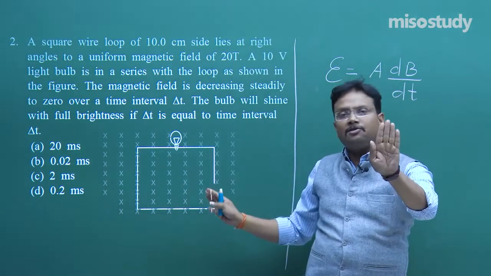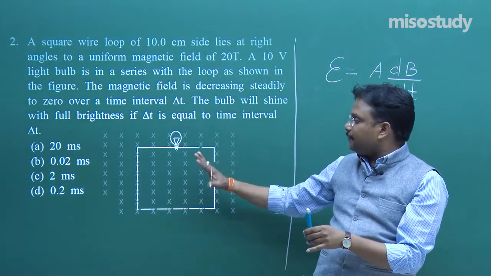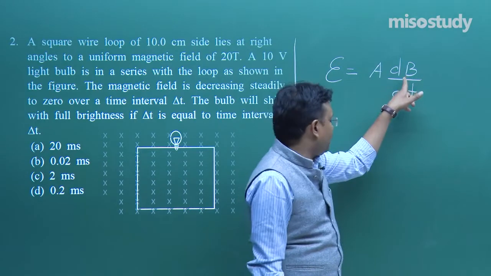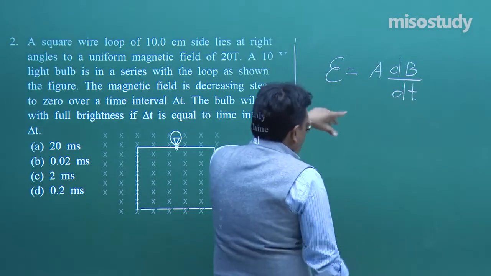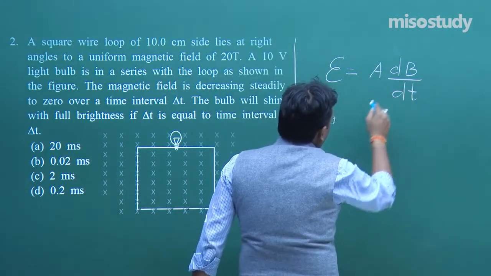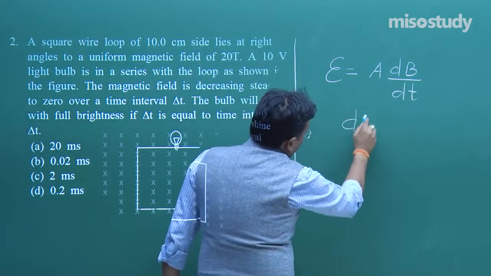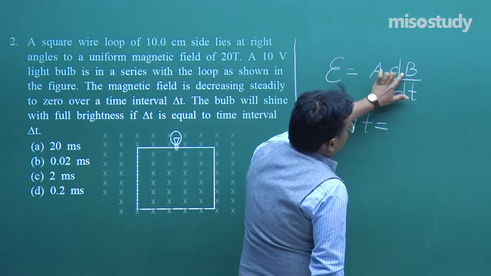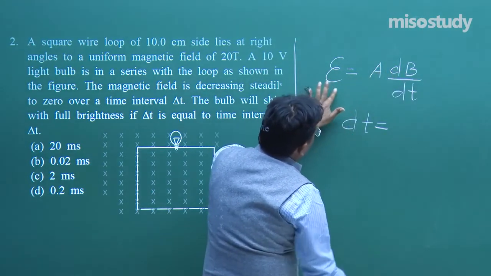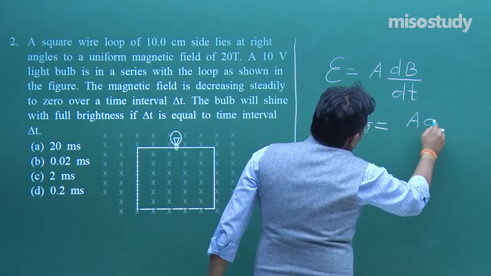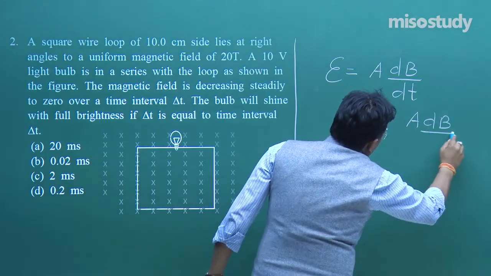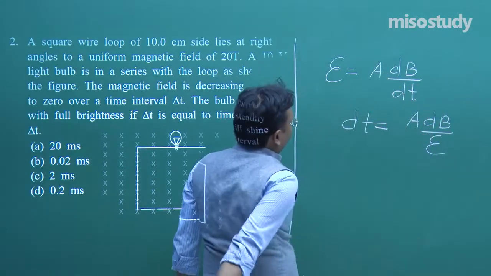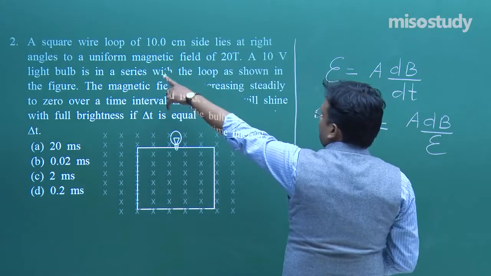So, ultimately theta is not changing. If the coil itself were rotating, then theta would change. So, that is why I am moving away from theta. You have to find delta t. Okay. So, delta t is equal to A dB upon the induced EMF. Fine. So, now let us try to put in the values.